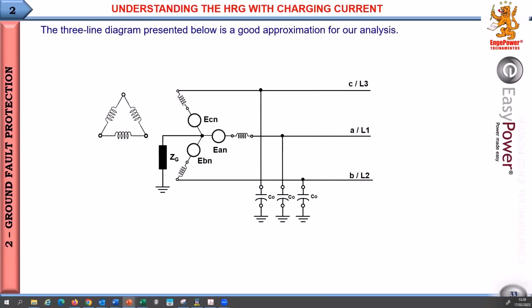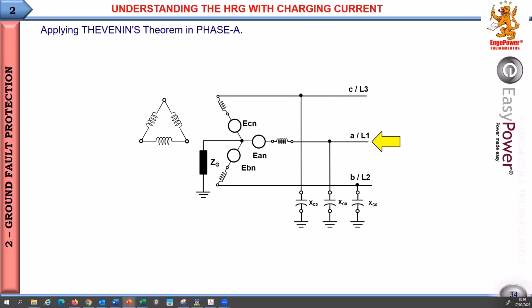And so the first approximation circuit could be written just like this one. Applying Thevenin theory seen by phase A, we have to short the voltage in order to get the equivalent impedance. So if we do this, X0 is much higher than this impedance here.